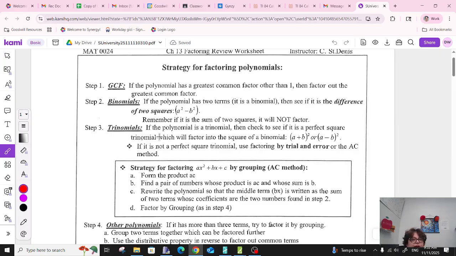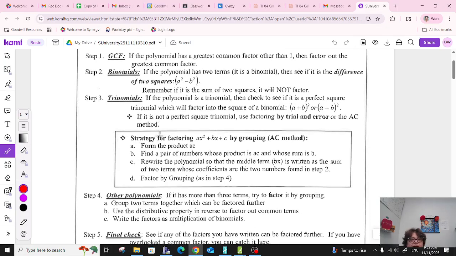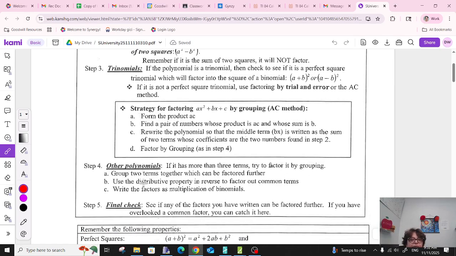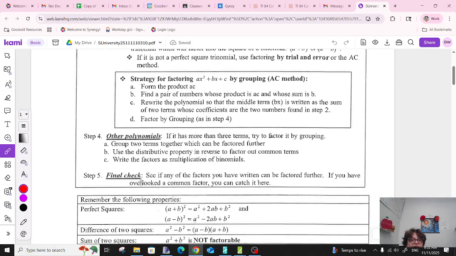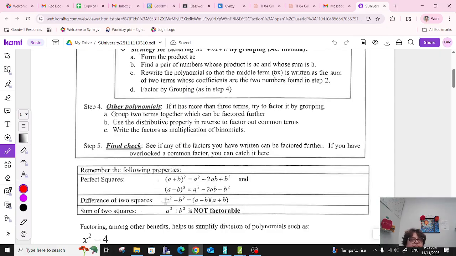If it is a trinomial, we're going to check our x puzzle, right? Our little x. Other polynomials, if you have four, you could also try grouping. There are some things here about perfect squares. However, perfect squares can also be done by your X puzzle.